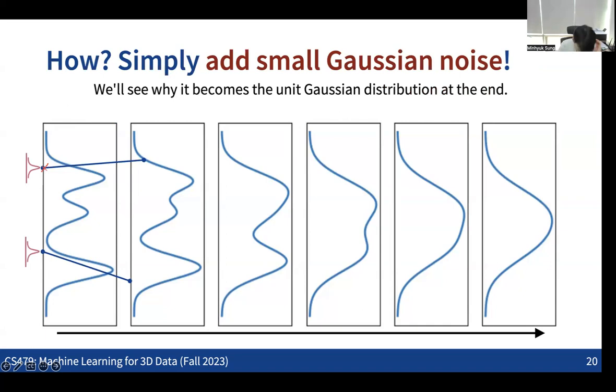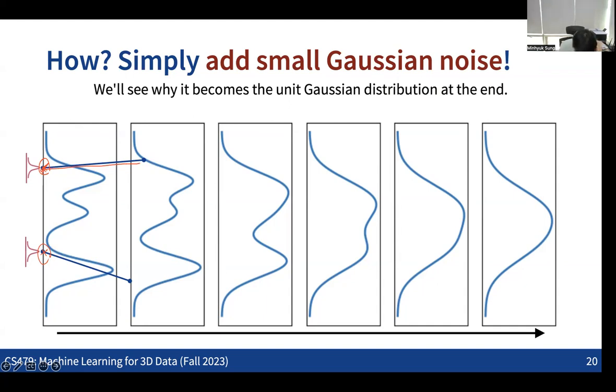Each point has a small local Gaussian, and we randomly sample the next position in the space, moving each point to the point sampled from the local Gaussian.